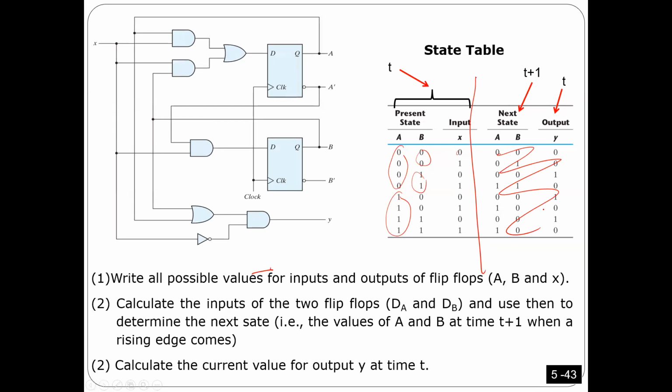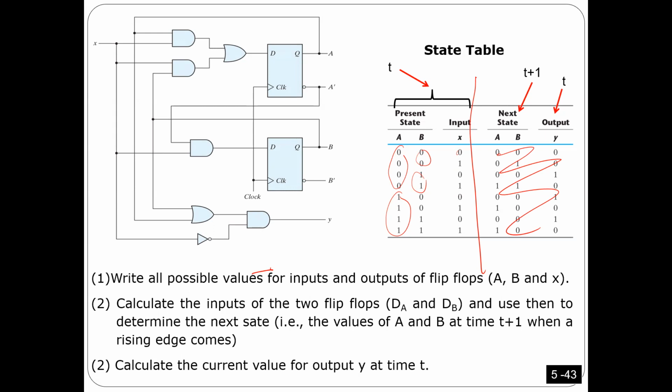Very easy. All the flip-flops you have to put here, and all the inputs you have. In this example, I have one input. In some examples, I may not have any inputs. That's okay. In one example you have only one flip-flop, and this is the case for your lab. Or sometimes I have 2, sometimes 3. Whatever the number of flip-flops, you put them here, put the input here, put all possible cases, and then you need to calculate these ones. That's it. Very easy.